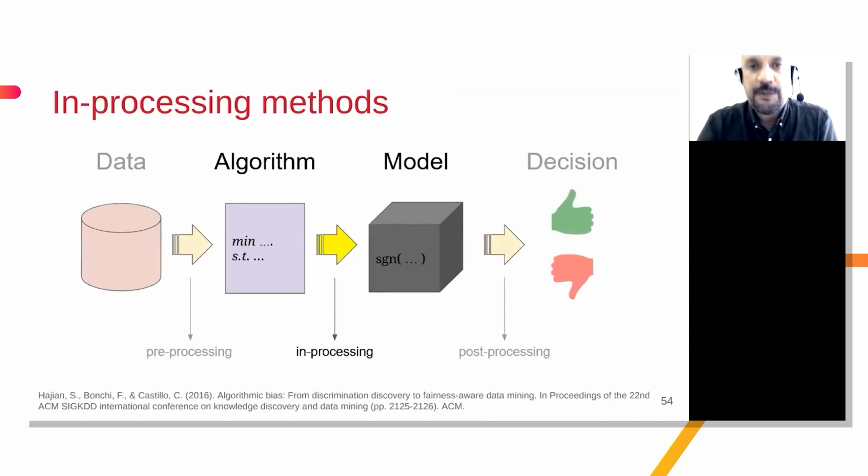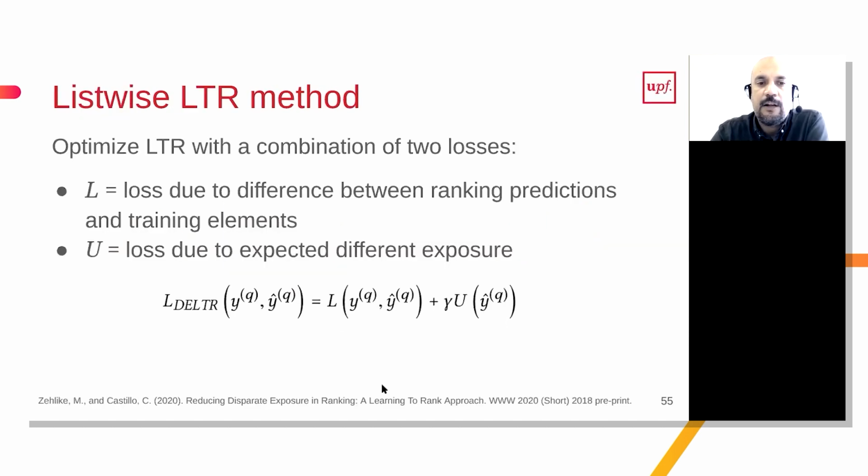You can also have in-processing methods. In-processing methods for algorithmic fairness typically introduce some sort of penalization. Given that most of these algorithms try to optimize something, this penalization will be an additional cost of unfairness. So you will have an algorithm, for instance, a learning to rank algorithm that is trying to minimize a loss.